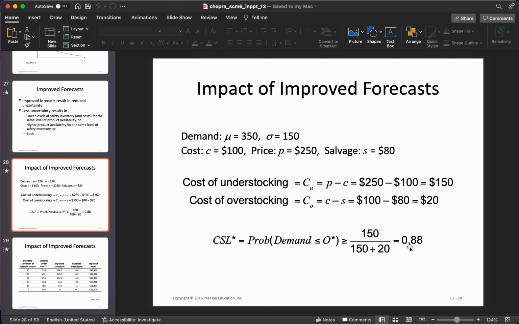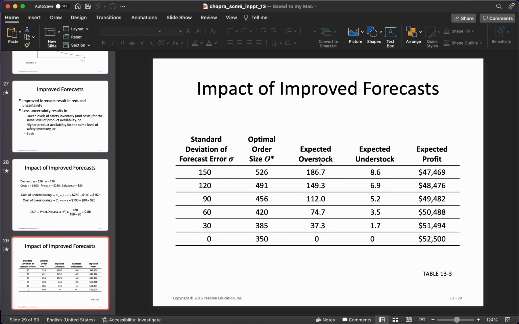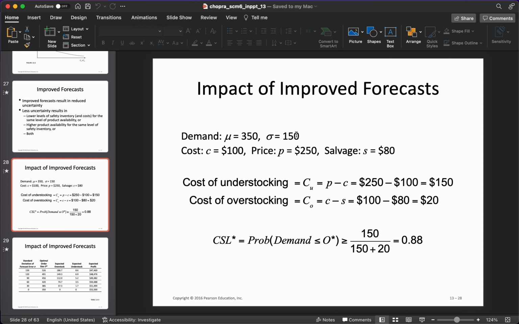Now, at this point, if demand was 350 and standard deviation of demand is 150, then the expected profit will be $47,469 and the optimal order quantity will be 526. Now, improving forecast essentially means that you're reducing the variability of demand. By reducing variability of demand, you're essentially reducing the standard deviation of demand.